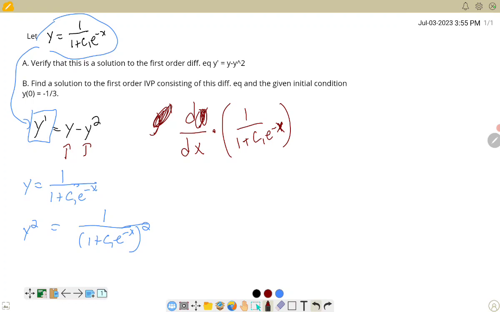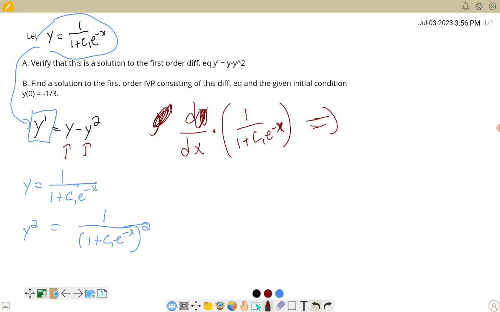So I want to take d dx of this, and the way to do this, in my view at least, the easiest way is we're going to need the chain rule, I'm just going to draw an arrow over here, and the power rule.